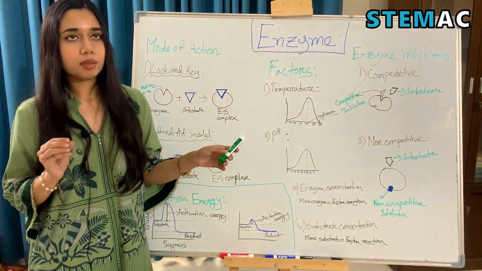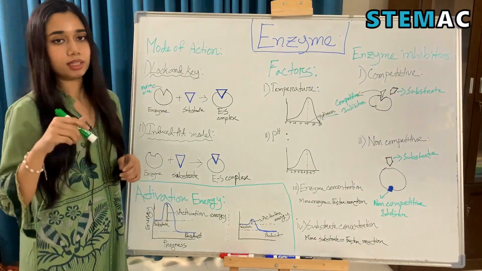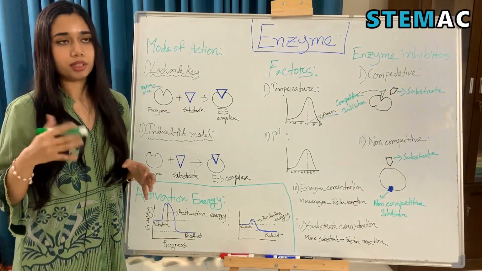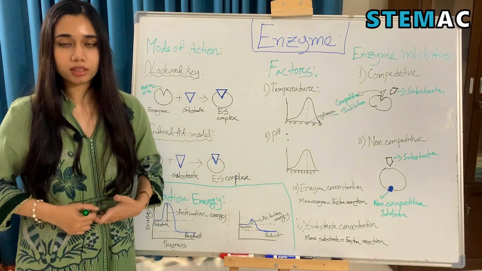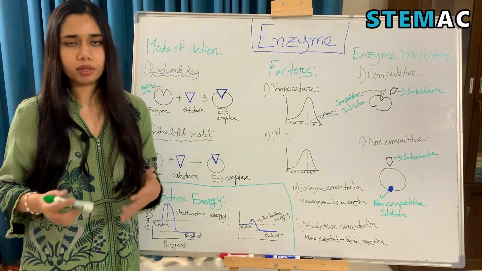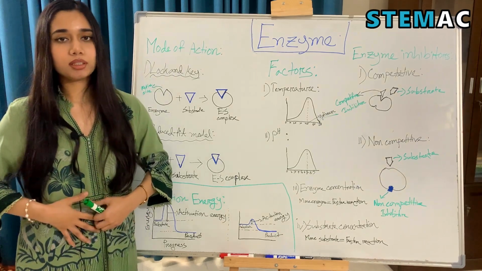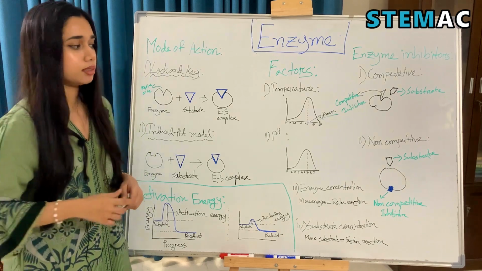So, most of the enzymes have an optimum pH of 7. However, it may vary. For example, the pepsin enzyme found in our stomach may have an optimum pH of around 1.5, because the environment in the stomach is very acidic, right?